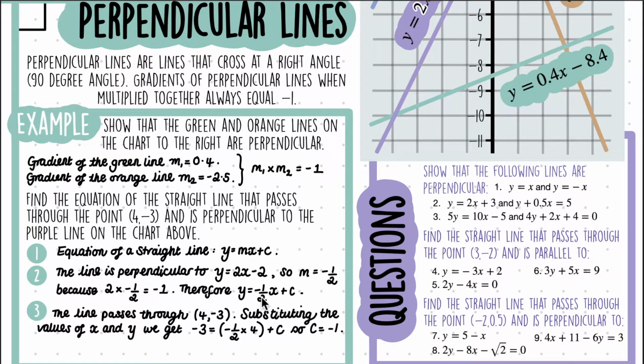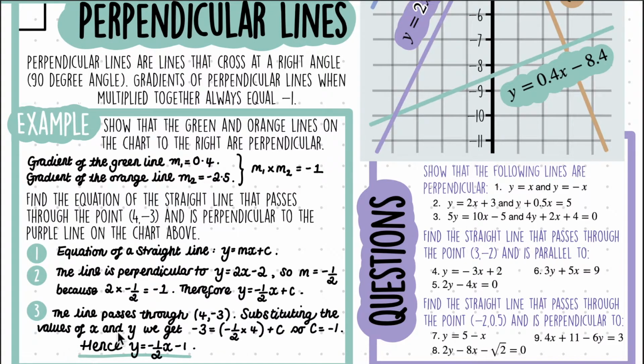So this equation reads minus 3 is equal to bracketed minus a half times 4 plus c. So this becomes minus 3 is equal to minus 2 plus c. You bring the minus 2 across and you get minus 3 plus 2 is equal to c. So c is equal to minus 1.